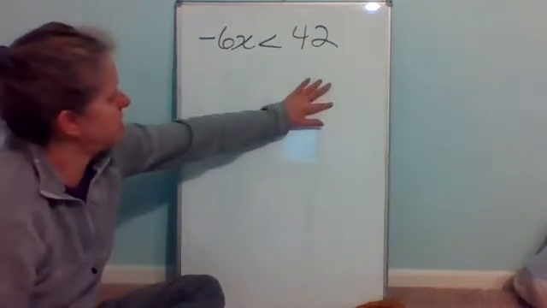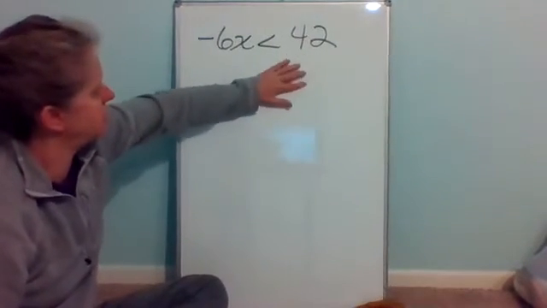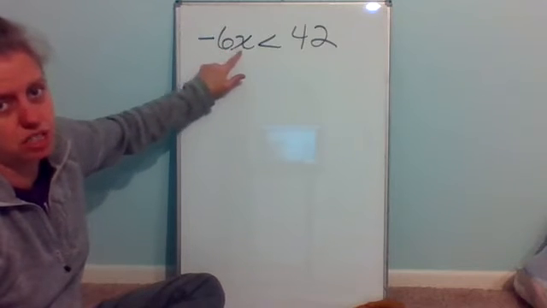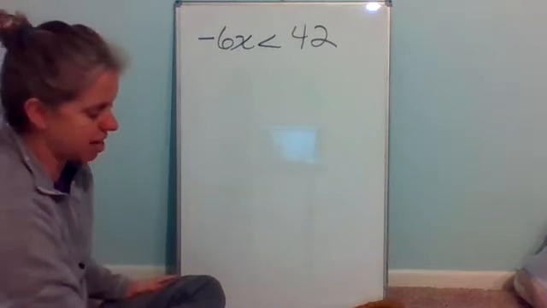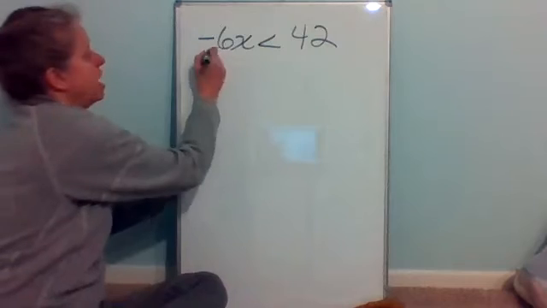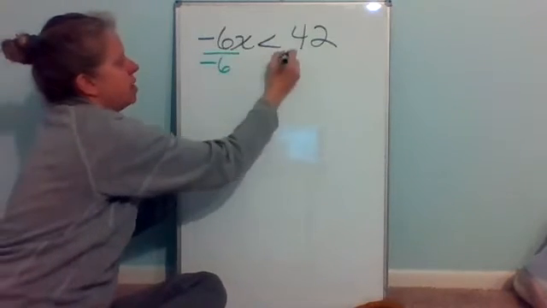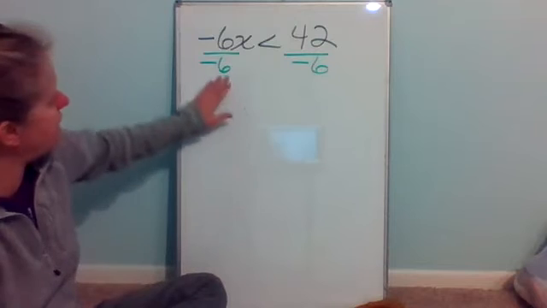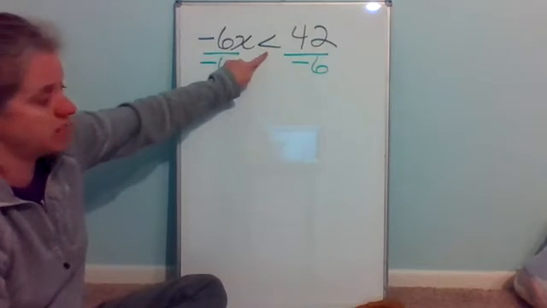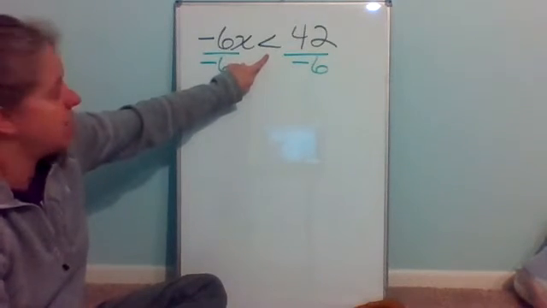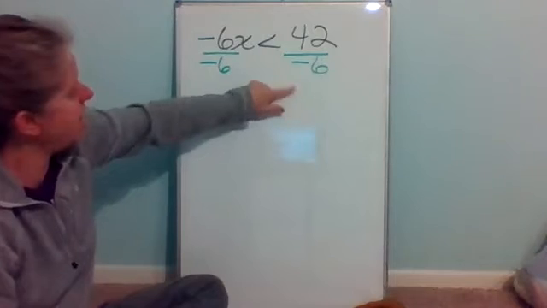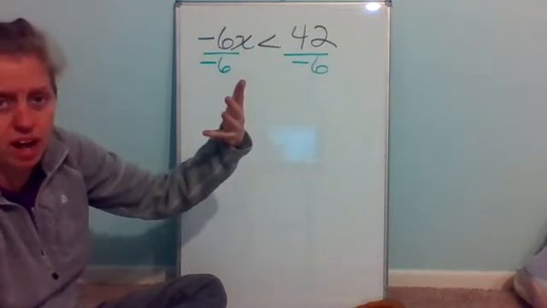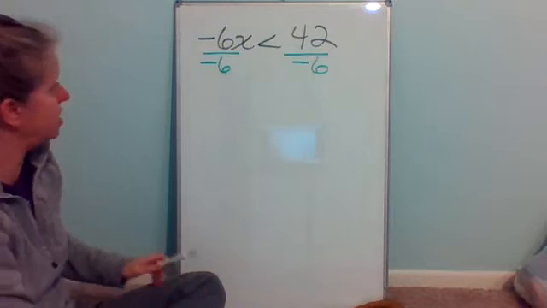So the first thing that needs to happen is the x needs to be alone, and it's got a negative 6 hooked onto it this time. So I've got to divide both sides by that negative 6. And remember what happens when you're dealing with inequalities and you divide by a negative. This symbol turns around anytime you divide by a negative.